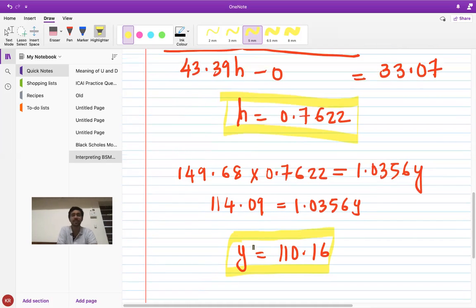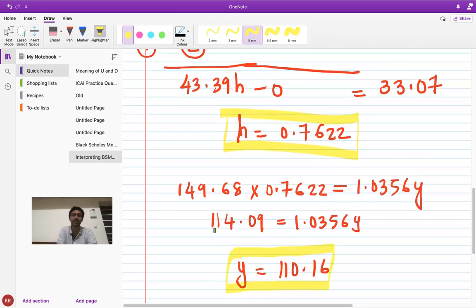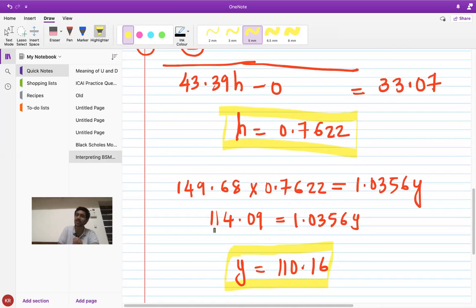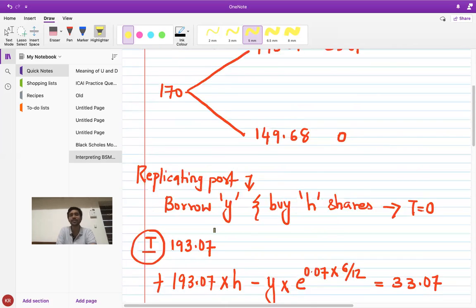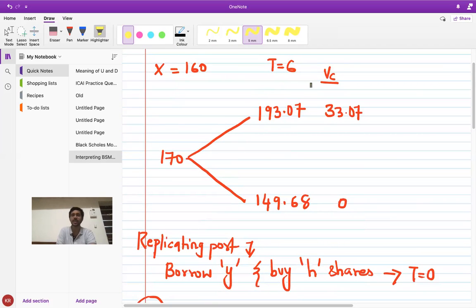The reason I'm saying the call option can be replicated is that when you borrow 110 and buy 0.76 shares, the payoff in the future at t equal to 6 will be 33.07 or 0 depending on the share price. And 33.07 and 0 is nothing but the payoff from a call option.